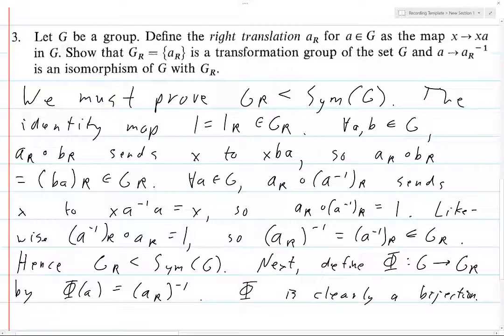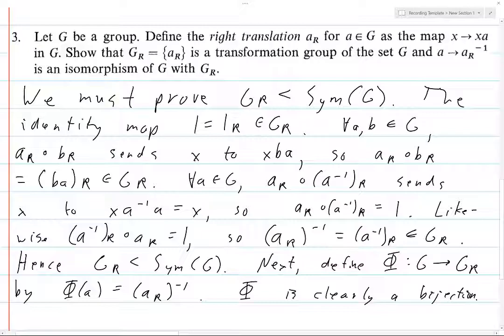And why is that? You can just sort of check it. If you take any particular element of G_R, because G_R is a subgroup, it's going to be the inverse of something else. And whatever that inverse is, it's going to be represented by some a in G, and so it's pretty easy to see that this is surjective.